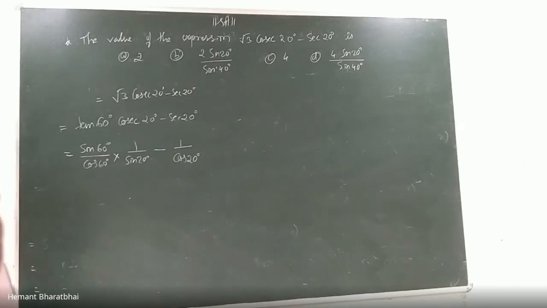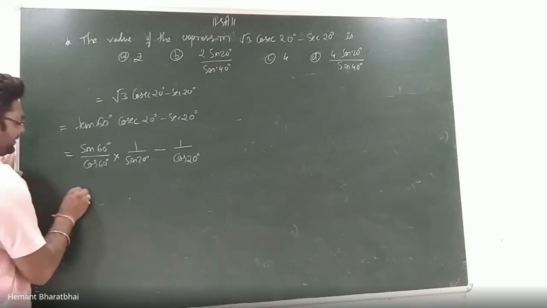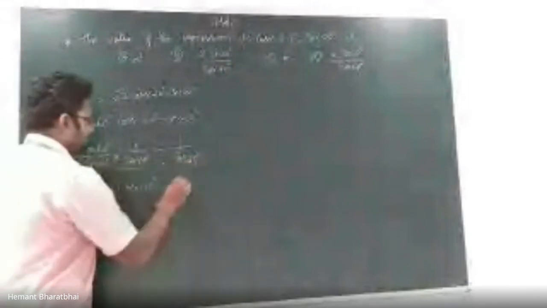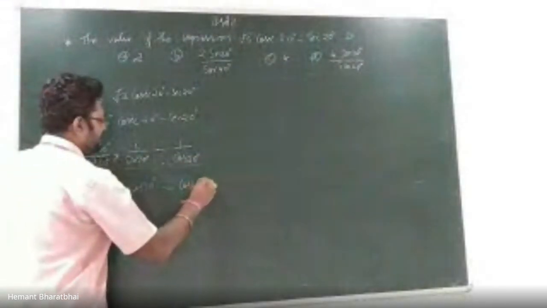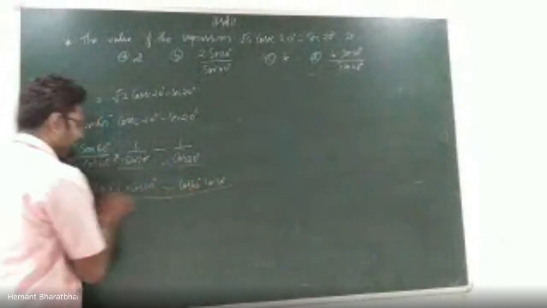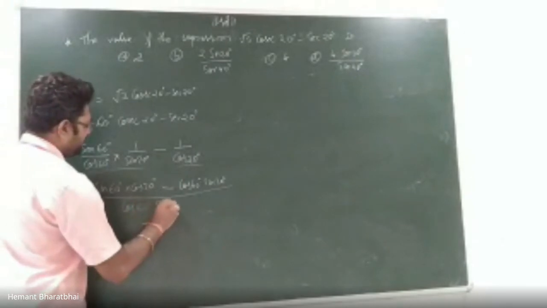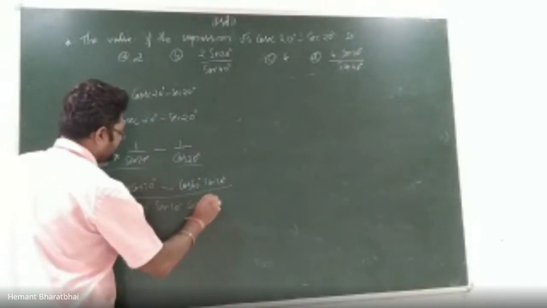Next, I'm going to equalize the denominator. Here I have sin 20, here I have only cos of 20, so here I multiply and divide by cos of 20. Sin 60 degree into cos of 20 degree minus, here I multiply and divide by this entire term, so I get cos of 60 degree into sin of 20 degree. The whole upon cos of 60 degree into sin of 20 degree into cos of 20 degree.